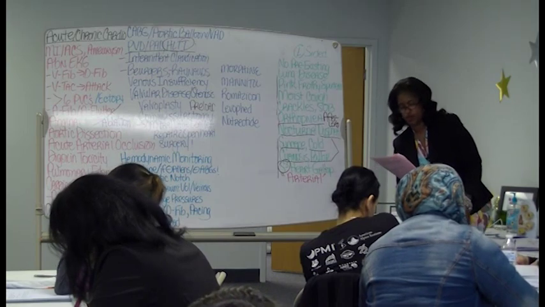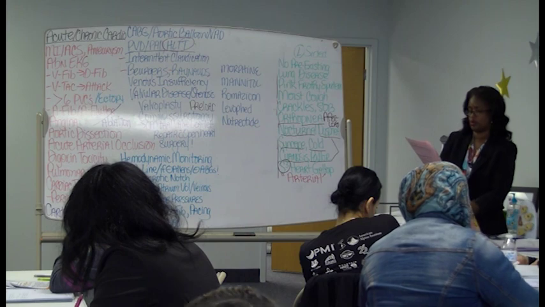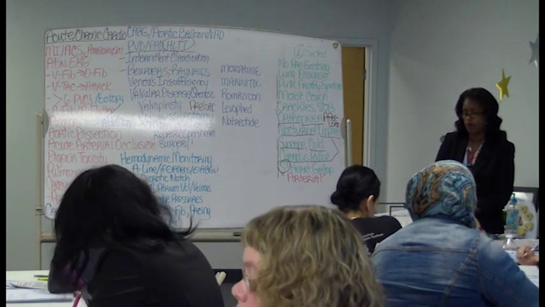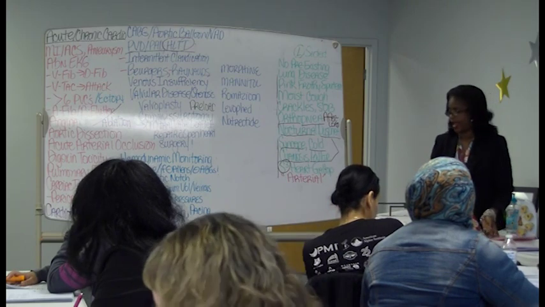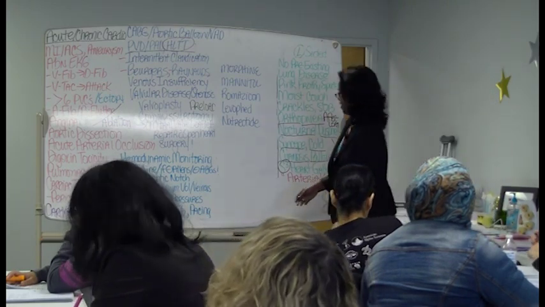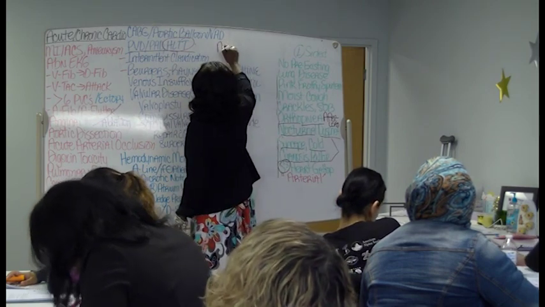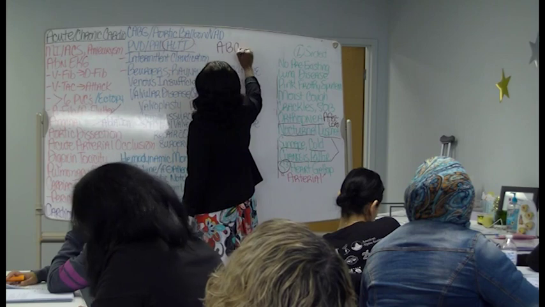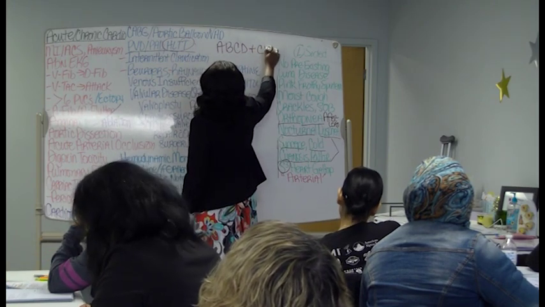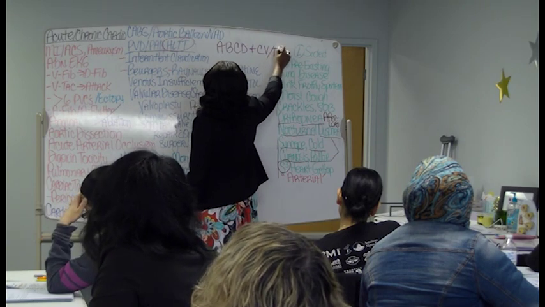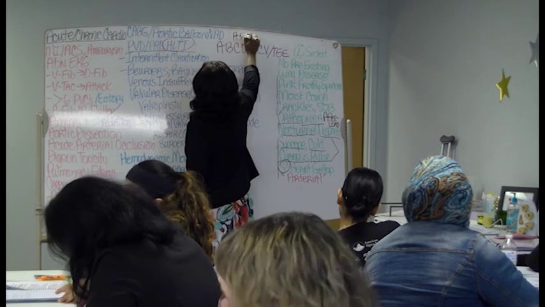So let's look at the ones that are already there, because they're easy. Amiodarone is part of our mnemonic. We teach you in this class, and we'll go over it again thoroughly on Monday, but we teach you A, B, C, D, and C, V with T, E, E for AFib and A-flutter.